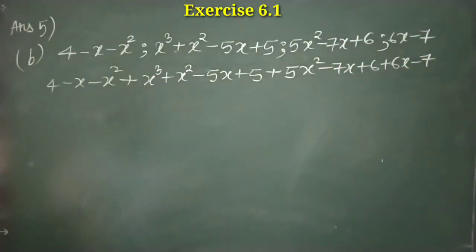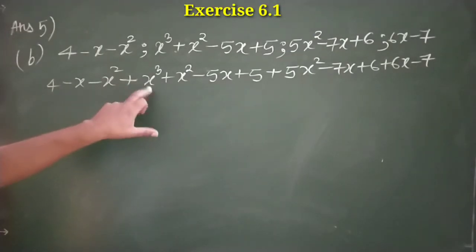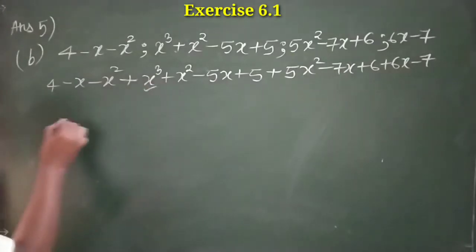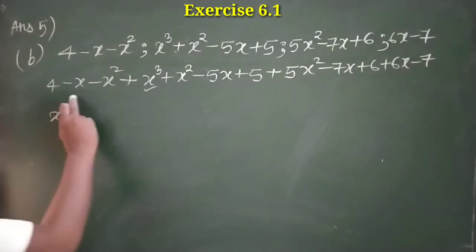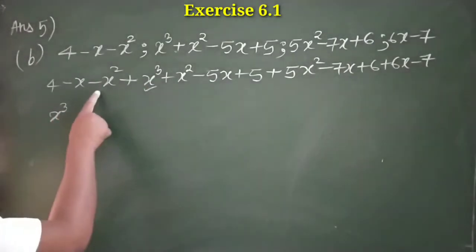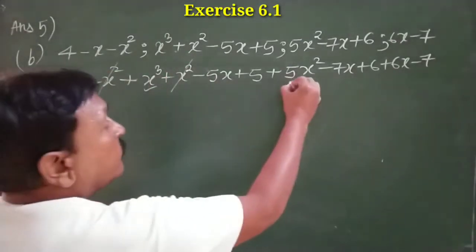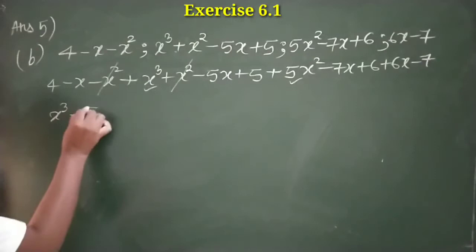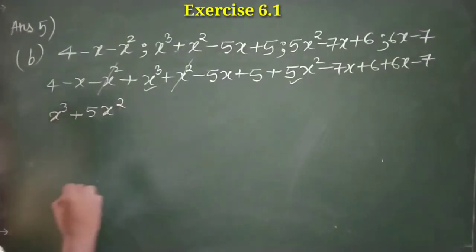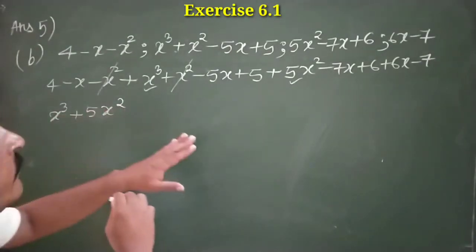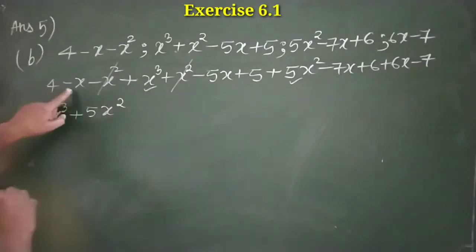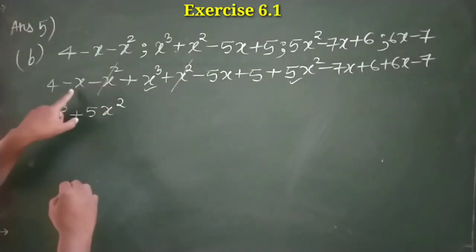Okay, now write the like terms together. First of all, take the x having the highest power, x cube. Any other x cube? No. X square, see, plus and minus cancel. Here also x square, so write it, plus 5x square, okay? X square we are done. Now take x, see, minus x is here.